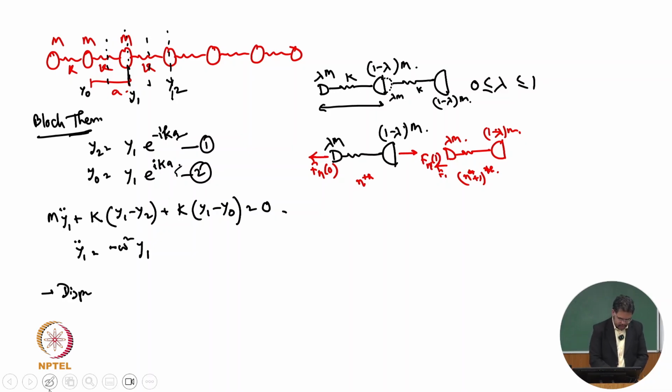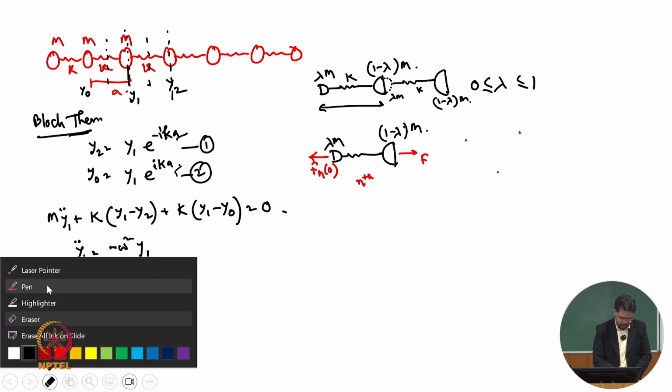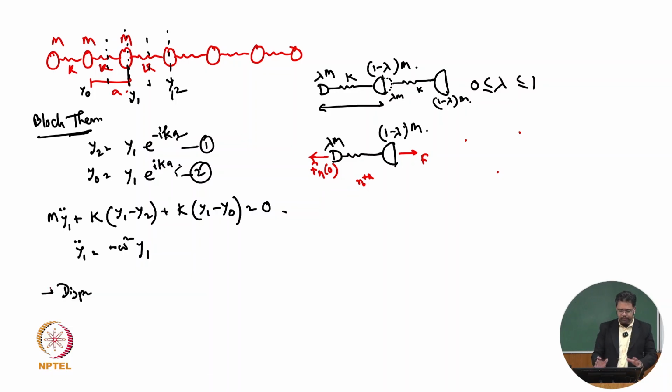Just a minute, let me erase it first. So let's assume that is the nth cell. I just cut that nth cell. The left side force of the nth cell is Fn0, where 0 means left side, and the other side is Fn1, the right side.